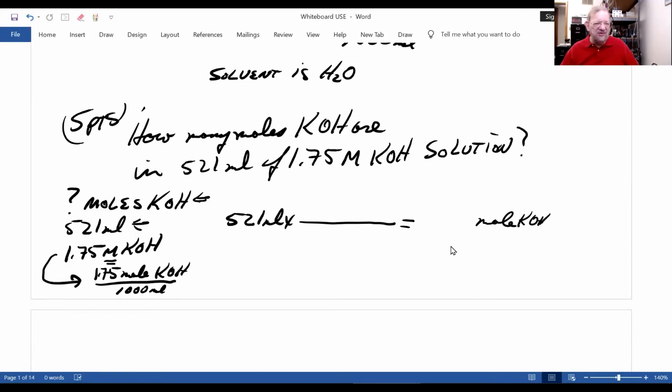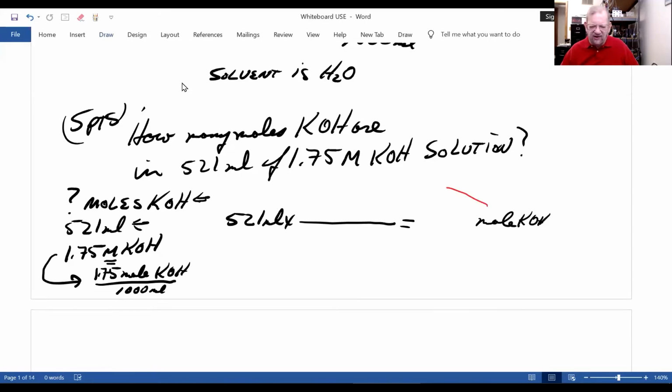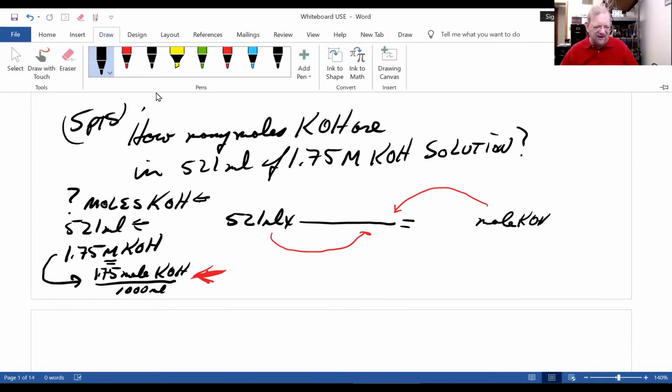No, we're not done with it. Unit analysis is always helpful. And unit analysis is whatever I'm trying to get to goes on top of that ratio. Whatever I'm trying to get rid of goes underneath. Where do I get those numbers? From right here. I knew capital M, KOH meant molarity, which means I could come up with that ratio, which means I can immediately put it in there.